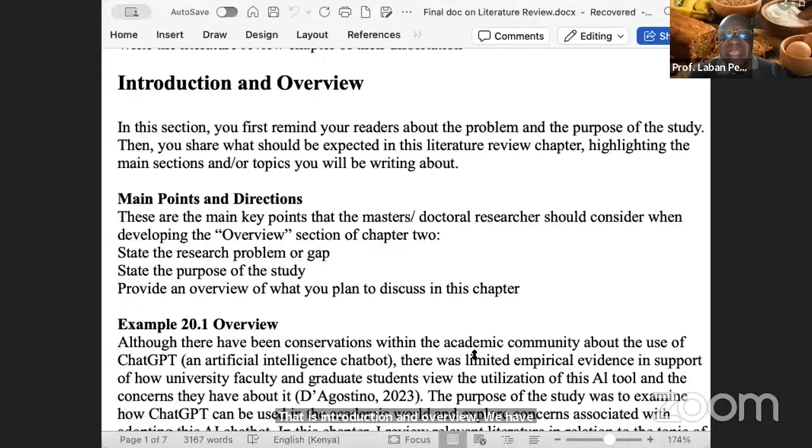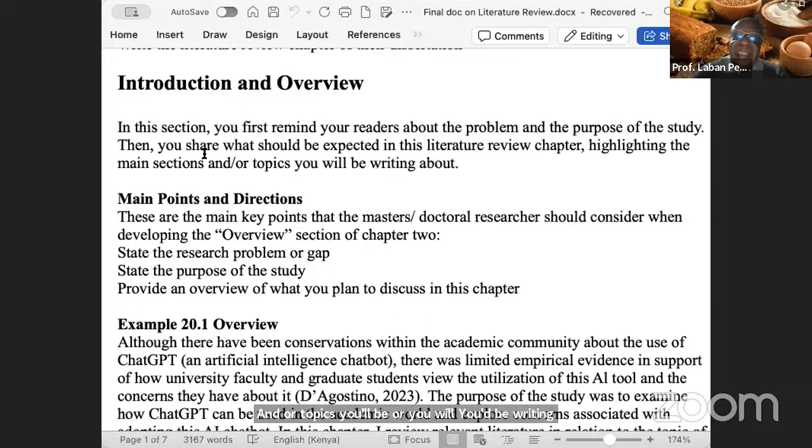We have just said there's an introduction. Then you share what should be expected in this literature review chapter. What am I expecting to see? Highlighting the main sections and topics you'll be writing about in this chapter.